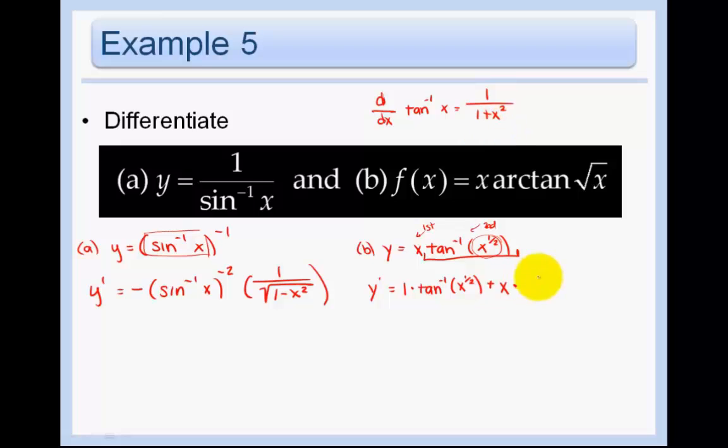So instead of our x, we're going to replace it with an x to the 1/2. So all we did was replace our x with an x to the 1/2. And then we have to chain it. So the derivative of x to the 1/2 is 1/2 x to the negative 1/2.